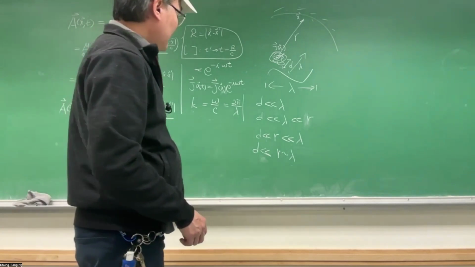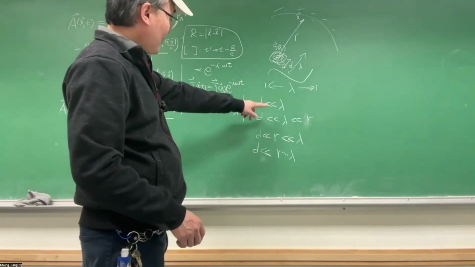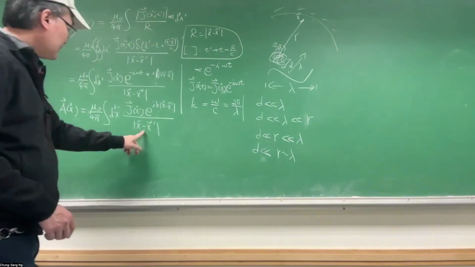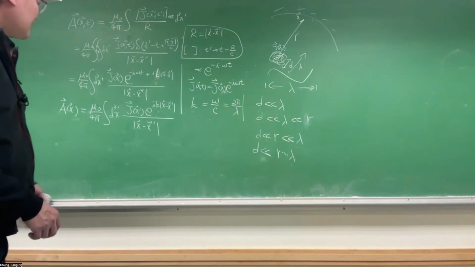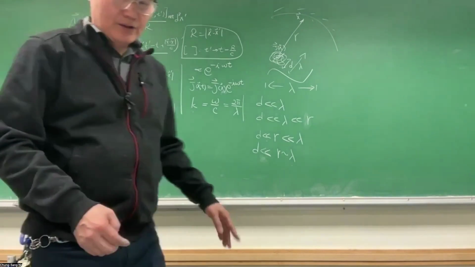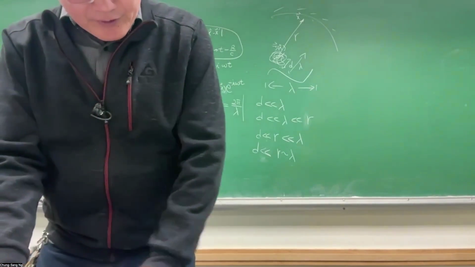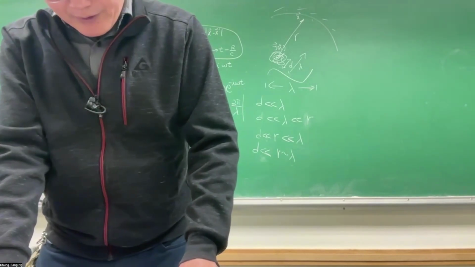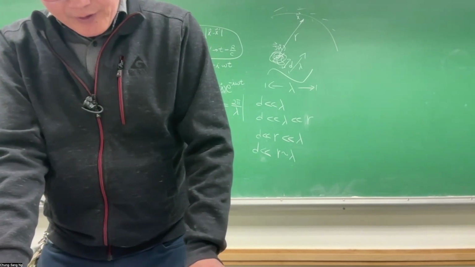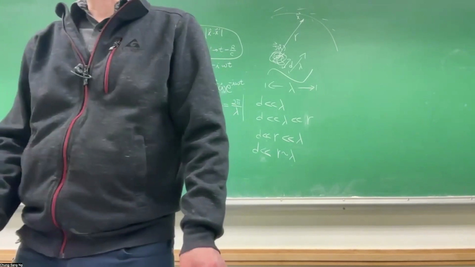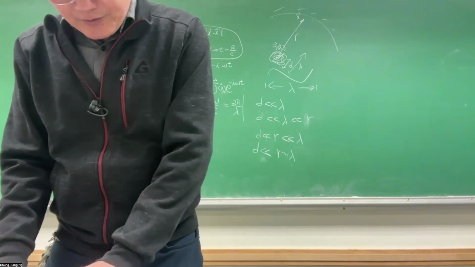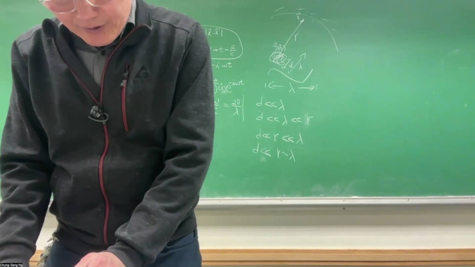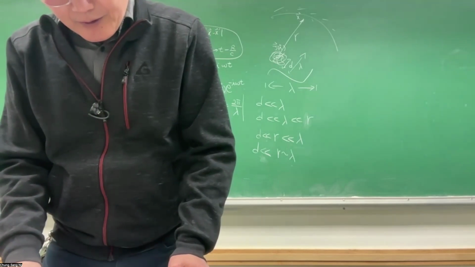That is more difficult, and you don't have the far zone approximations, so there are other approximations that you cannot use. The intermediate zone is the most complicated. The easiest one turns out to be the far zone, where you can have a lot of simplification.